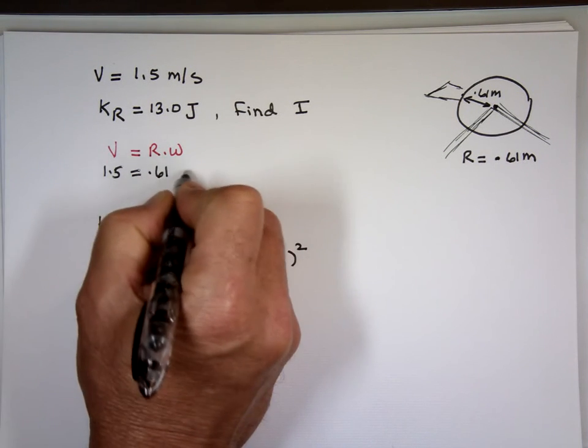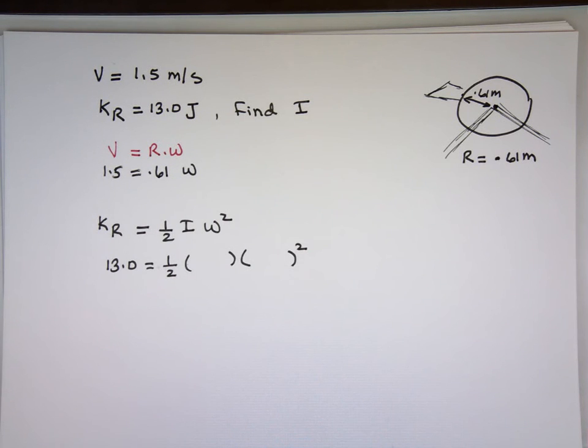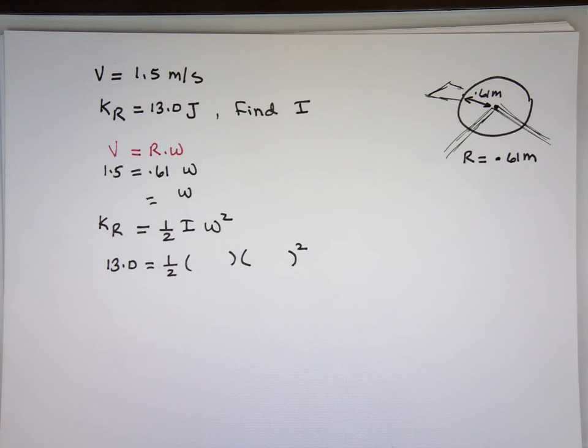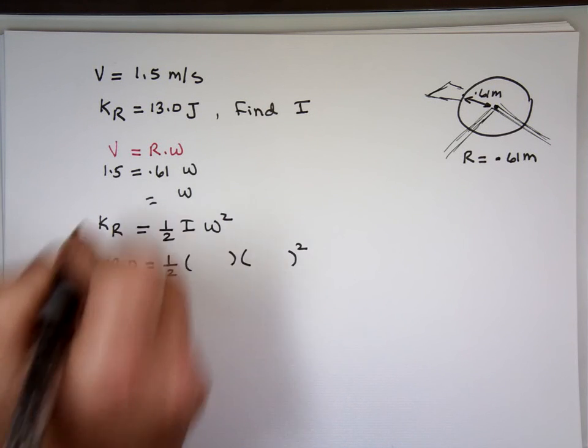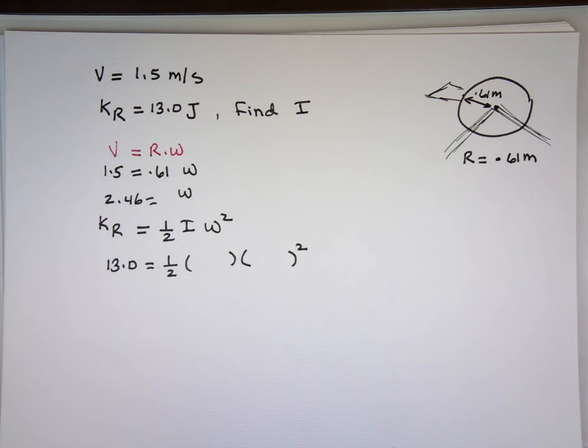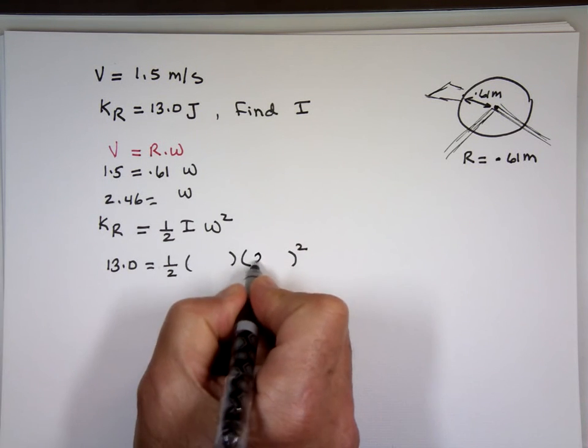Can you get W? 1.5 divided by 0.61 equals 2.46. Now you know what W is.